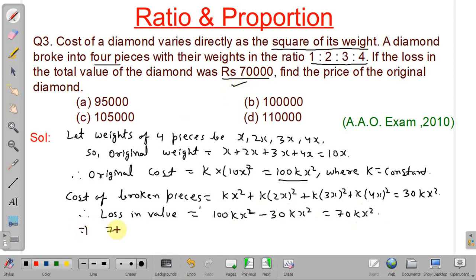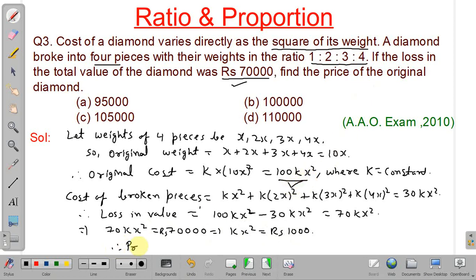It means 70 kx square equals 70,000 rupees, which means kx square is equal to rupees 1000.